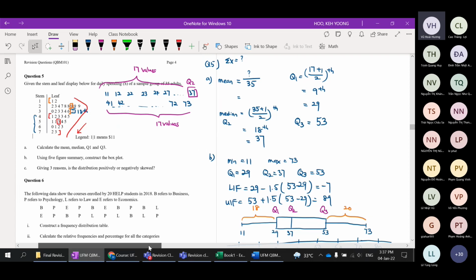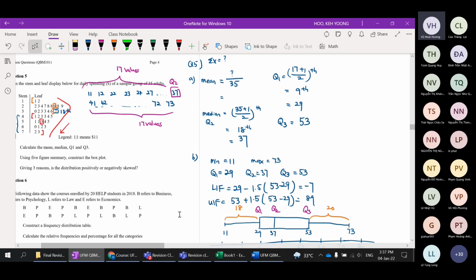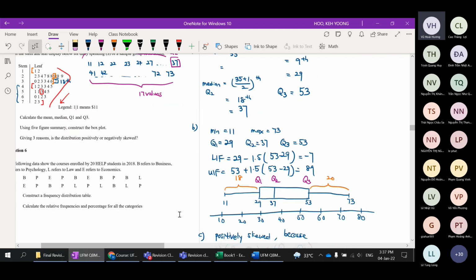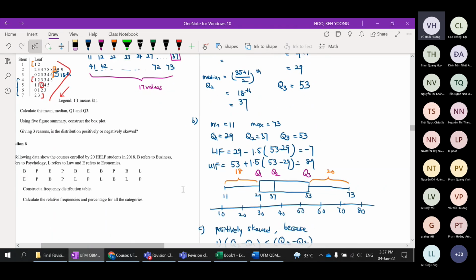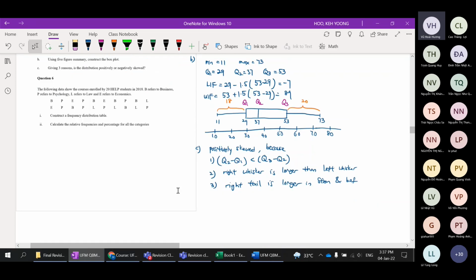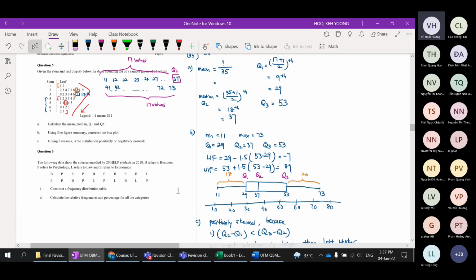So that's why you will have a very large mean. I believe your mean is greater than 37, should be more than 37.